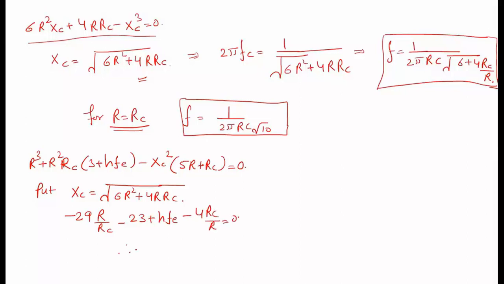So we can find HFE is equal to 23 plus 29 R upon RC plus 4 RC upon R.